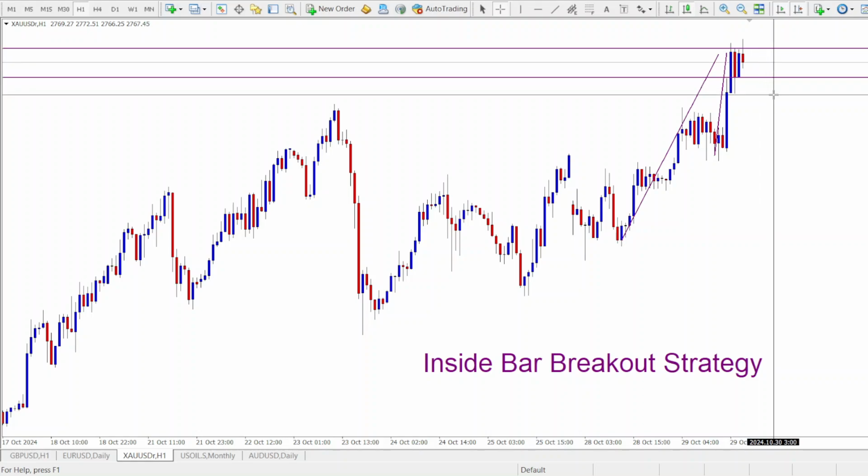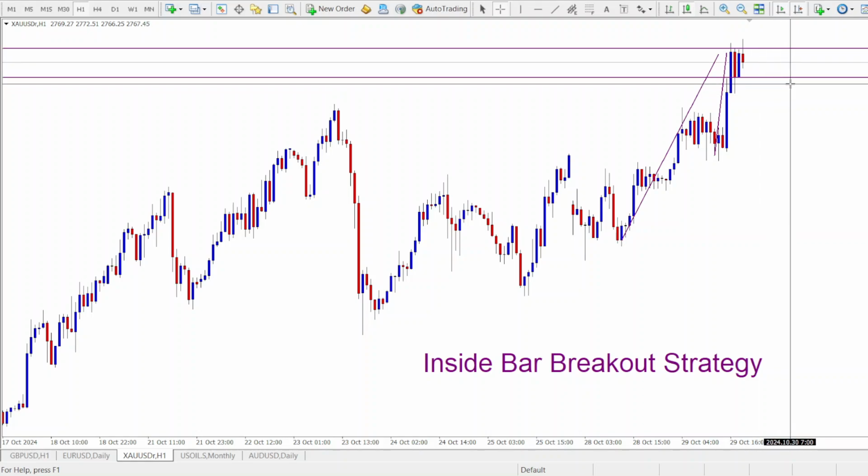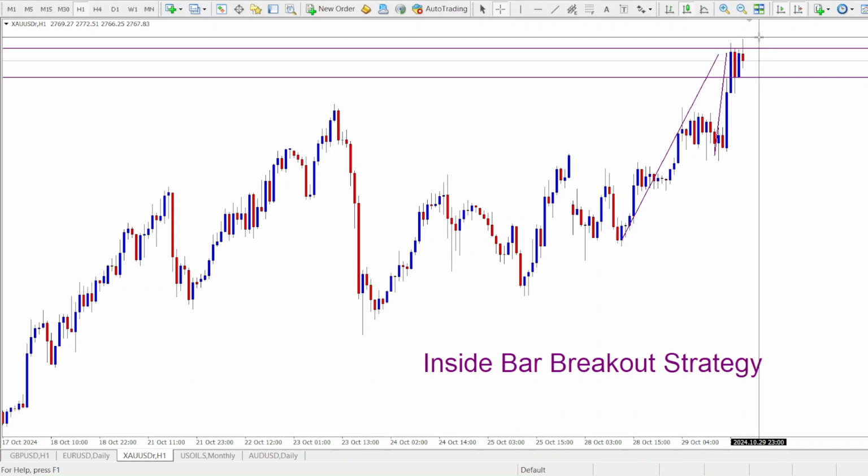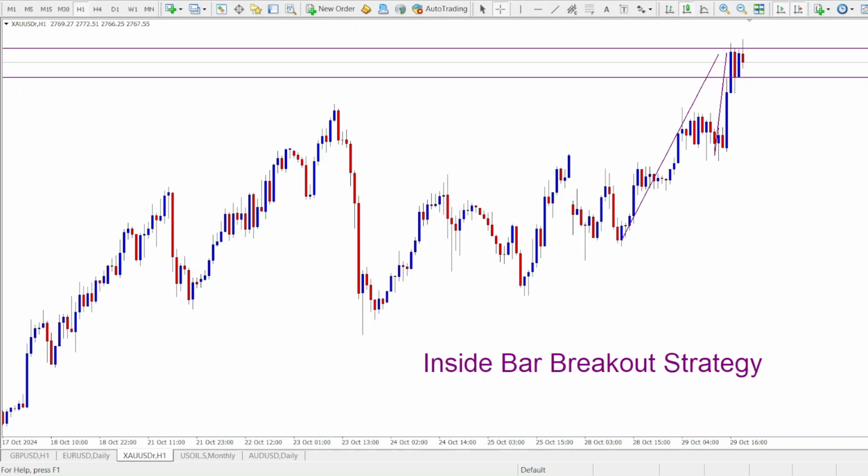This will help protect your capital in case the breakout fails, as in the case of this breakout that failed. Although you should ideally wait for a retest and a continuation before you even enter the trade, because it's all about preserving your trading account while maximizing your opportunities.